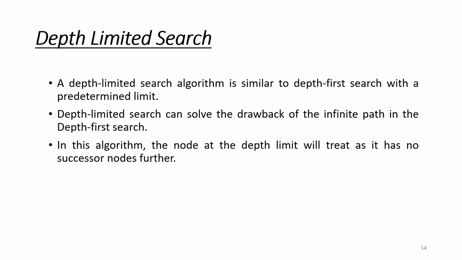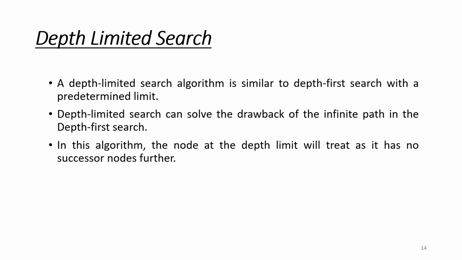Depth limited search uses a stack or recursion for traversal of the tree, and it requires less memory than breadth first search. It is commonly used in real-time artificial intelligence applications, for example game trees and problem solving situations, where the maximum search depth is known in advance.